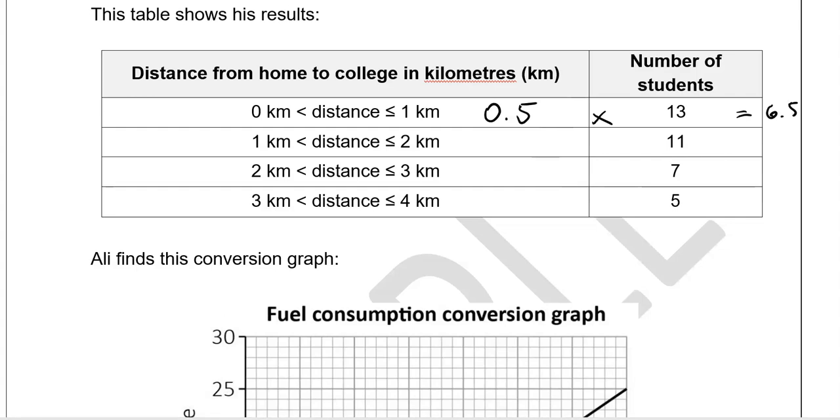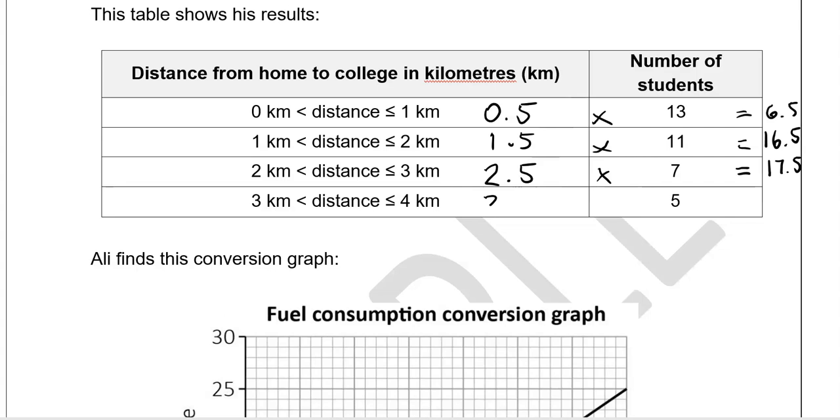Now between 1 and 2 we've got 1.5, so multiplied by 11 gives us 16.5. Between 2 and 3 we get 2.5 times 7, 17.5.